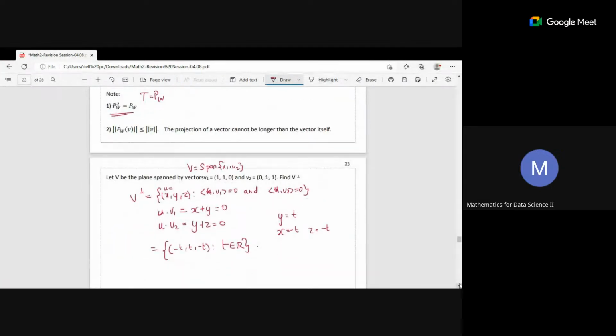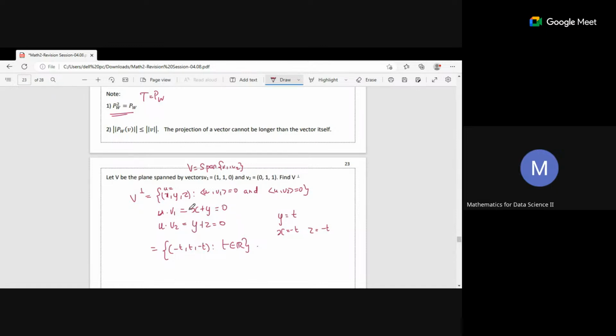Now is it fine? Ma'am, what did you do in the next steps? Here this vector, I am calling it a general vector u. I am considering u dot v1, which we already know is 0. So u is (x, y, z); the dot product with v1 gives x plus y, and the dot product with v2 gives y plus z, and you know that it is equal to 0.